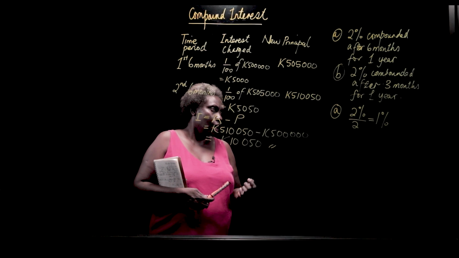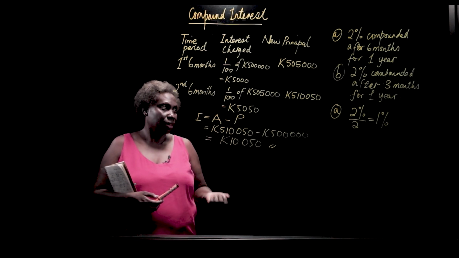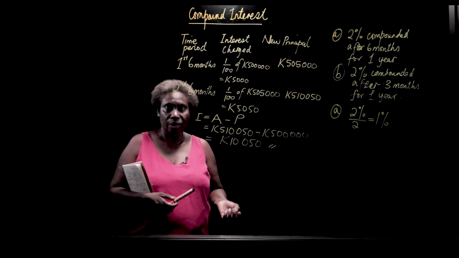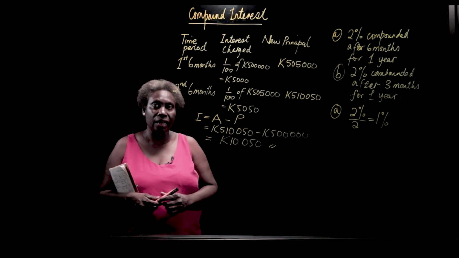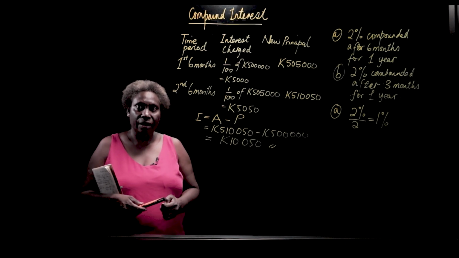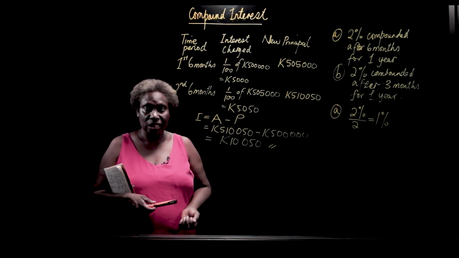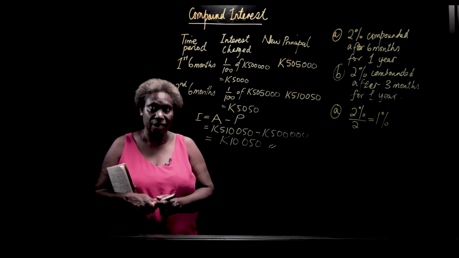Let's first look at how many times it is going to be compounded. We know that there are 12 months in a year. We divide that by 3, that gives us 4. So there are 4 quarters in a year.